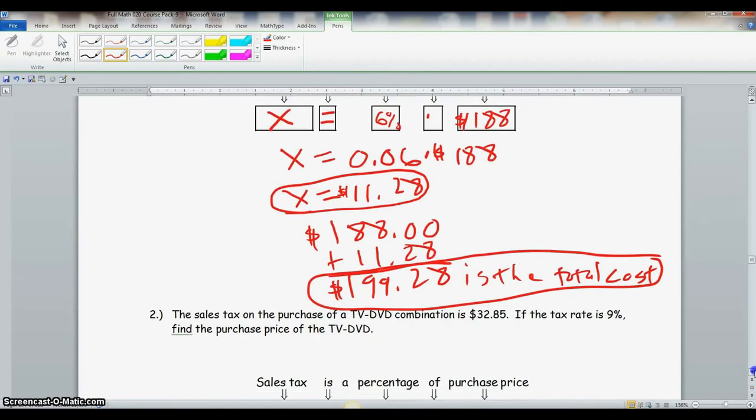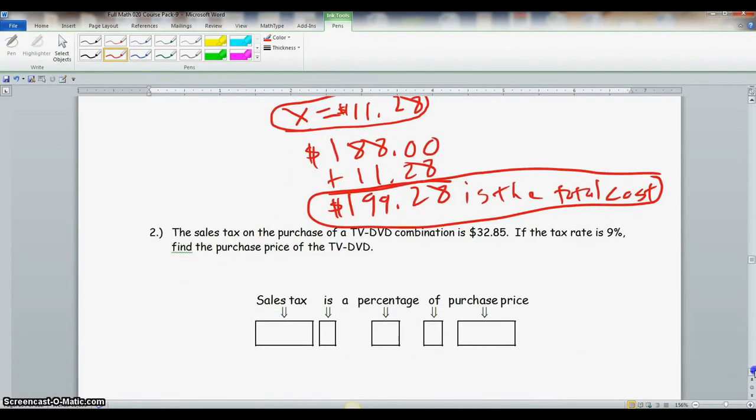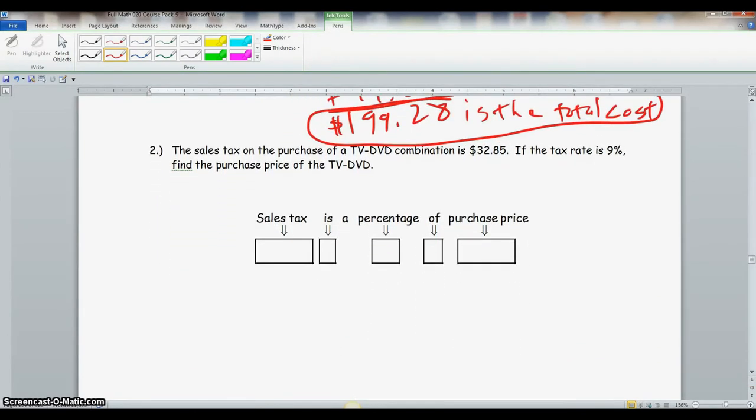Now, number 2, it says the sales tax on a purchase of a TV DVD combination is $32.85. If the tax rate is 9%, find the purchase price of the TV DVD. So the sales tax is $32.85. And is means equal a percent, which is 9%, of the purchase price.